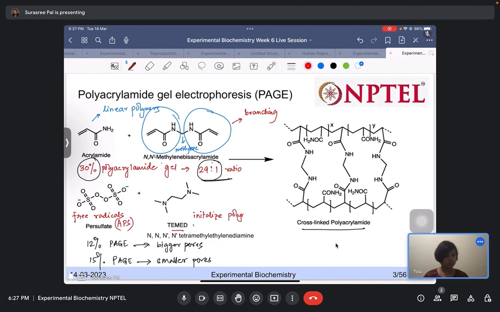So APS is the catalyst and TEMED is the component which initiates this polymerization reaction of polyacrylamide. This is how the gel can be formed.